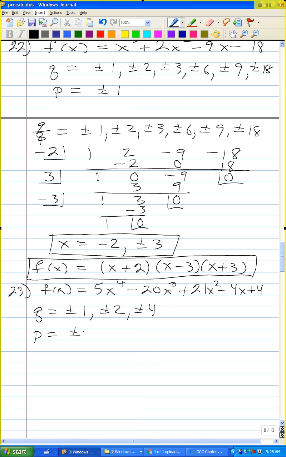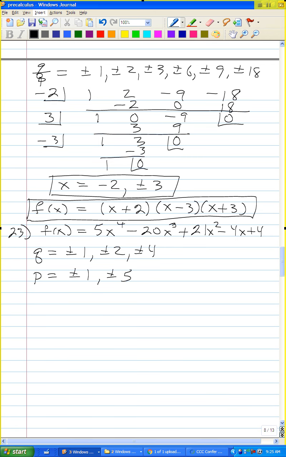Factors of 5 are 1, 5. Q over P. And so let's divide everything by 1, and by 5.